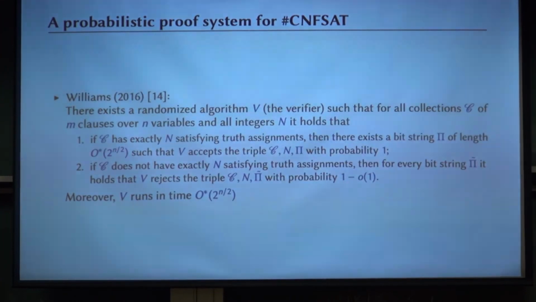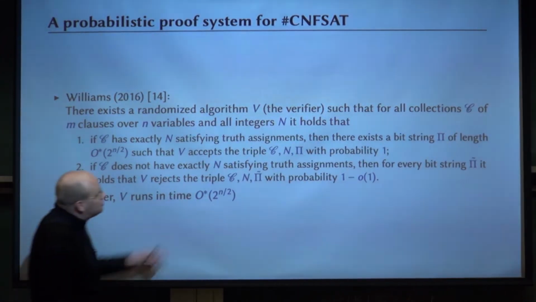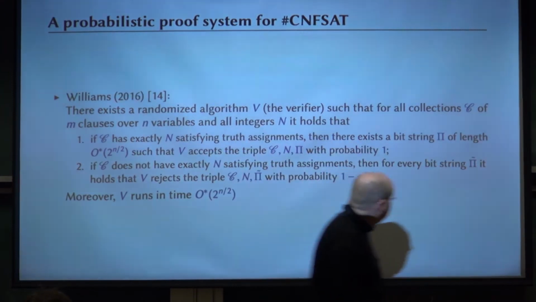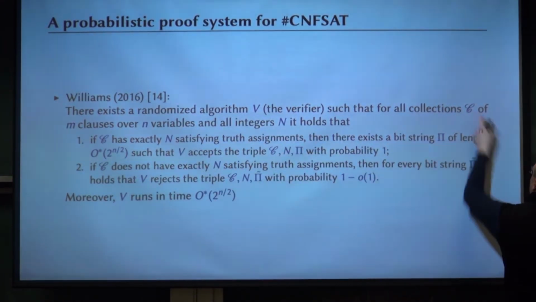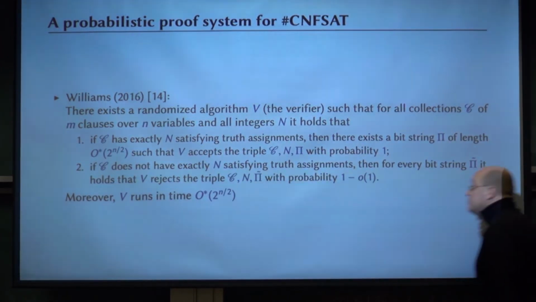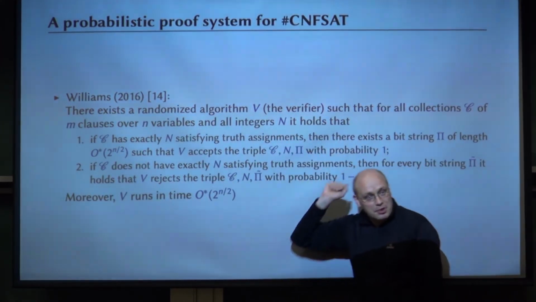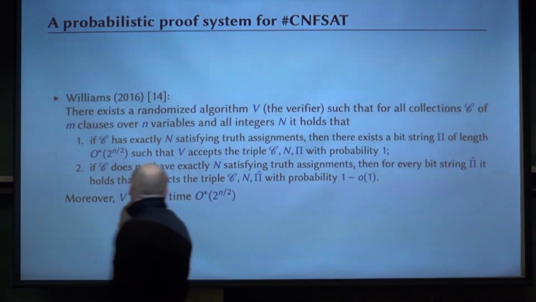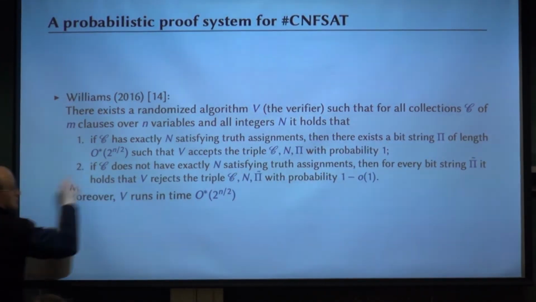Okay, so here, at a high level, is basically how Ryan's result looks. This only looks at the verifier, so we will eventually look at the prover once we understand how the proof system works. But let's stare at the verifier. There exists a randomized algorithm V, which we might just as well call the verifier, such that for all collections C of m clauses over n variables and all integers capital N, the putative number of satisfying assignments, we have the completeness and soundness properties.